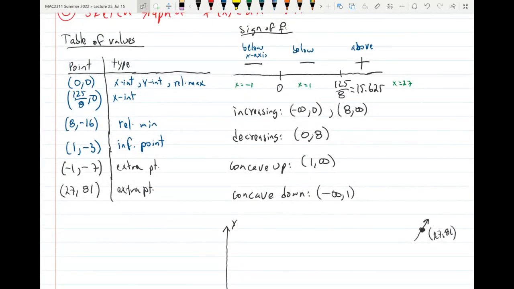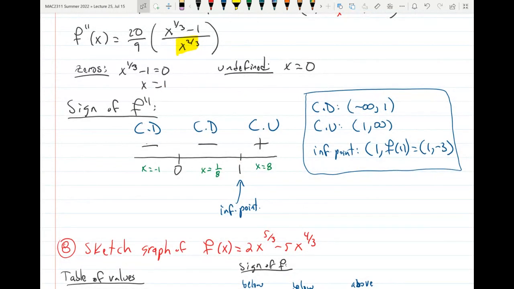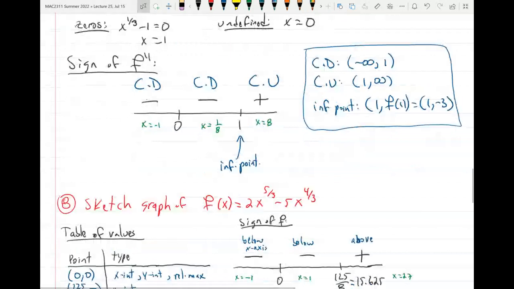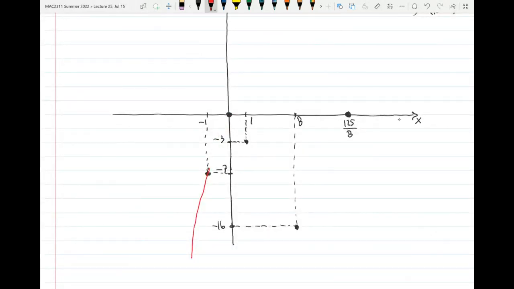Then we need to go through 1 comma -3, and notice that that is an inflection point. And what's happening there, let's go to our sign. At 1, we have a change of concavity. It goes from concave down to concave up. Okay, so we need to make that clear. So let's see, concave down, and then it becomes concave up.